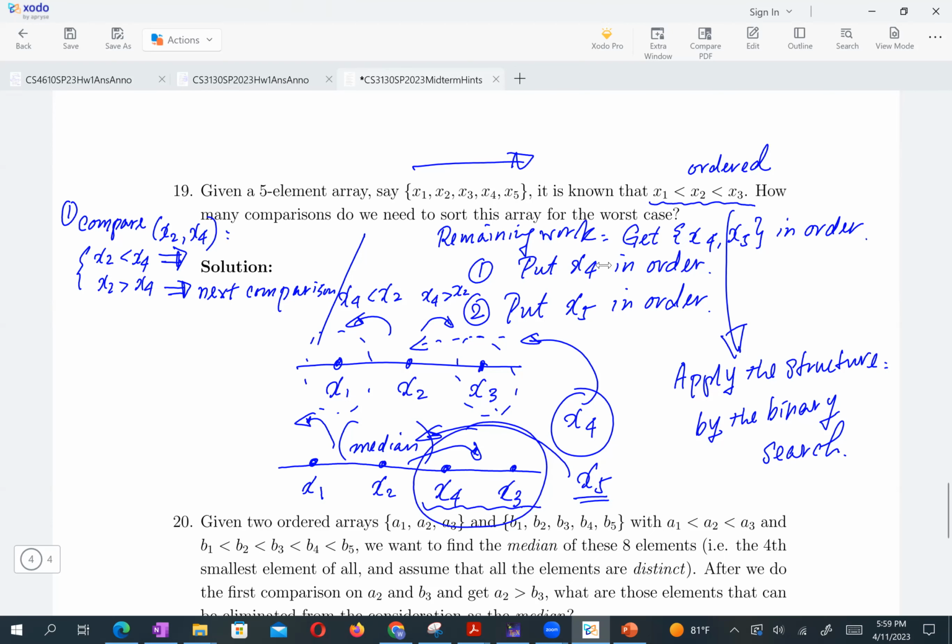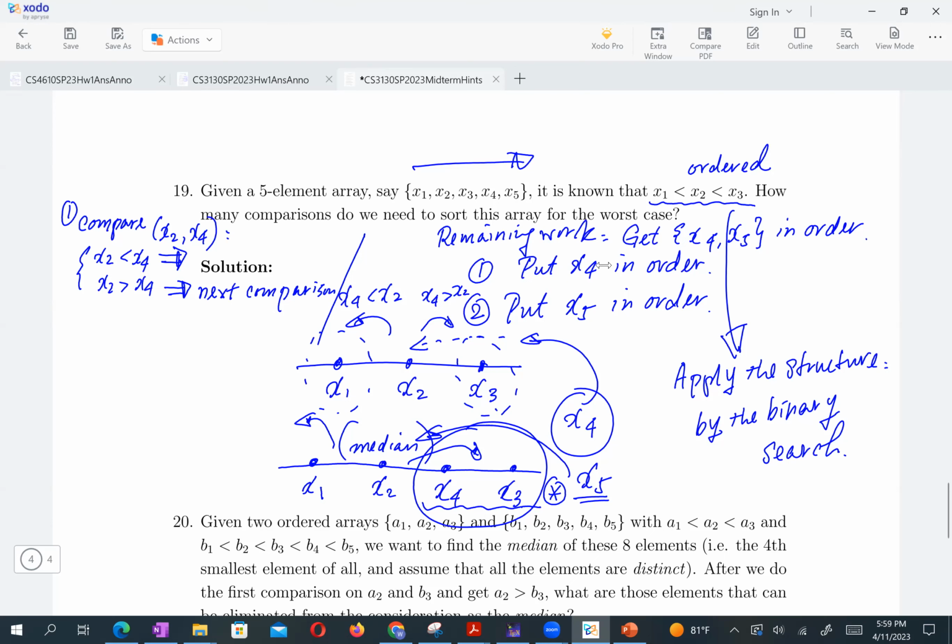Because when you do comparison with x2, you should focus on this side because you have more elements, x4 and x3, you need to consider. The left-hand side of x2 has only one element. You only need one more comparison, you can put it in place. That's not a worst case. So whenever you have a chance, you always look at the worst case.